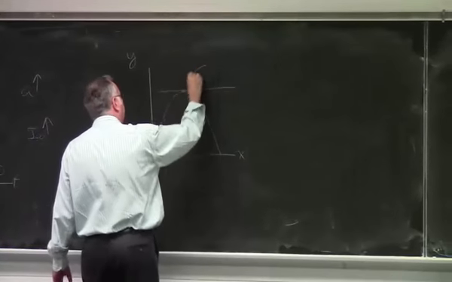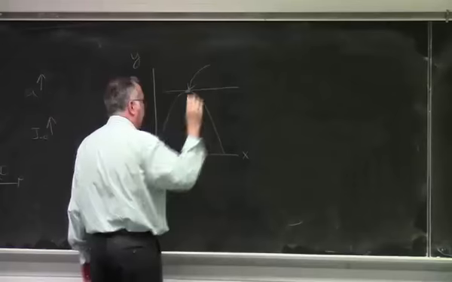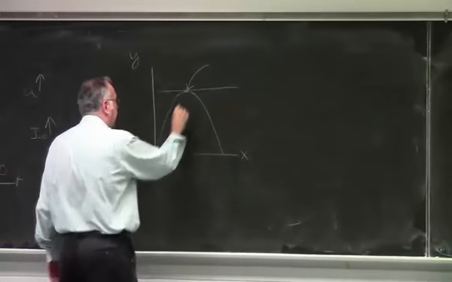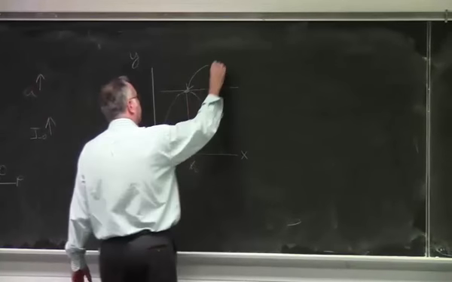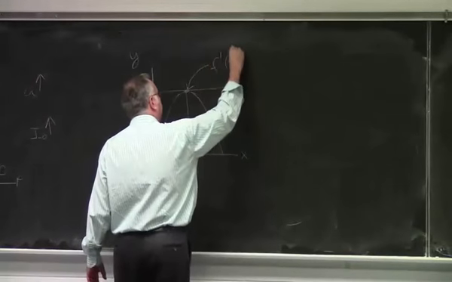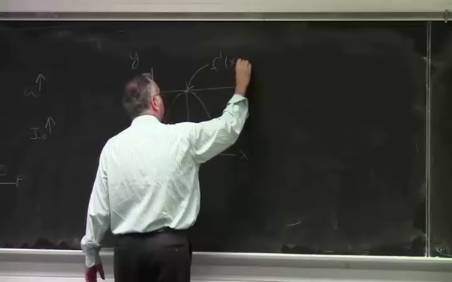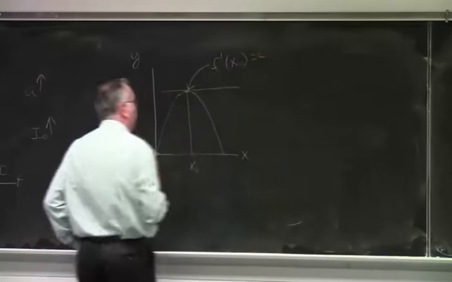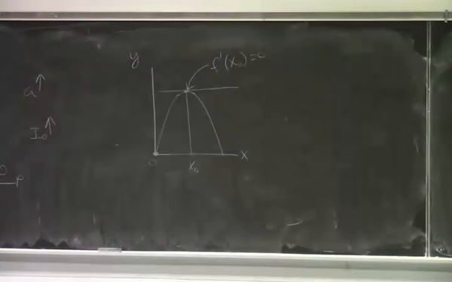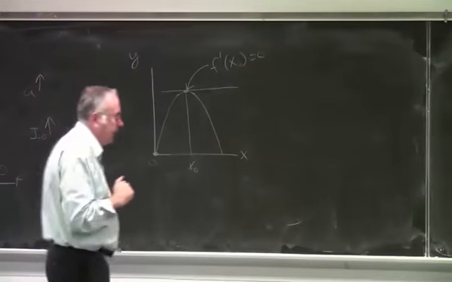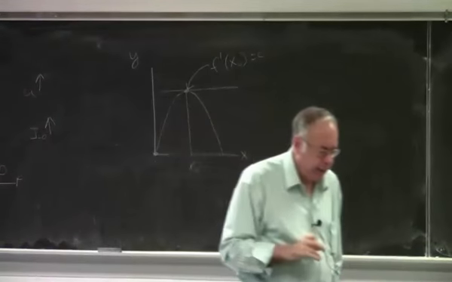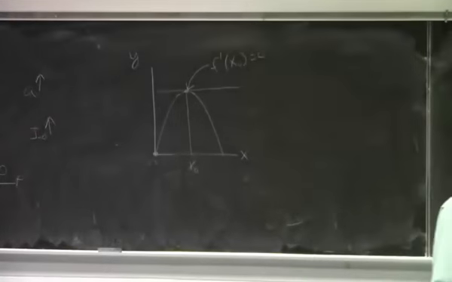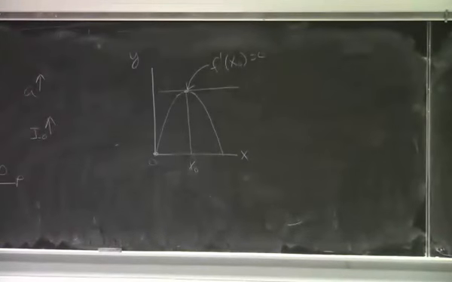So at this point right here, let's call this value x sub 0. We don't know what it is yet. F prime of x sub 0 equals 0. How would we find x sub 0? By the way, in mathematical terminology, x sub 0 is called the critical value of x.